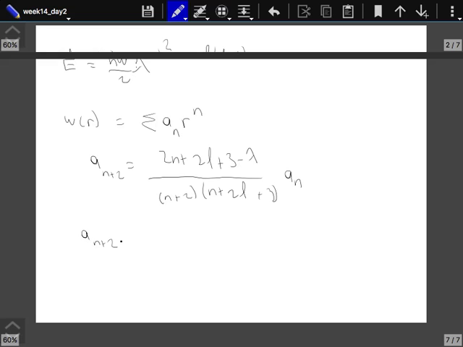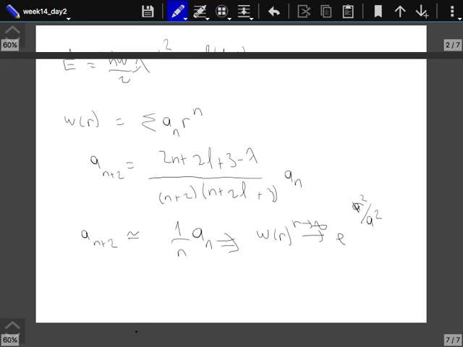For very large n, a_(n+2) is approximately 1 over n times a_n. But this tells me that omega of r, as r goes to infinity, behaves like e to the power r squared over a squared, and hence it diverges in general. So the only way to avoid this, that omega of r diverges faster than what my asymptotic form predicts, is that the expansion should terminate.